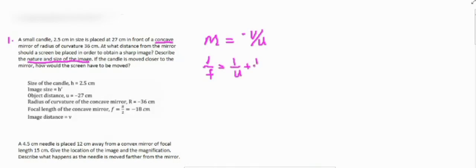Then you find the value of v. You will get the answer around minus 54 centimeter.